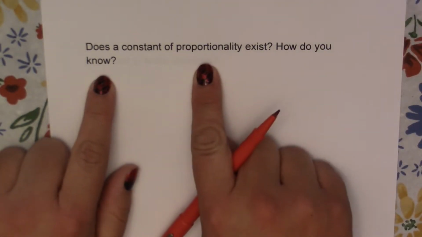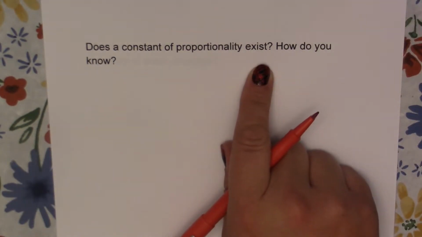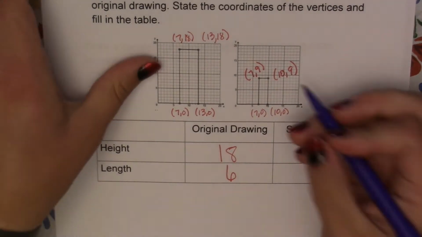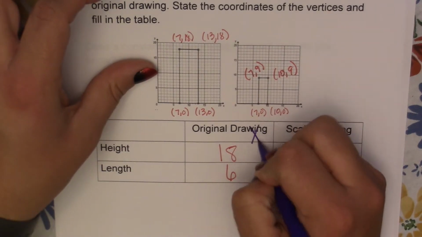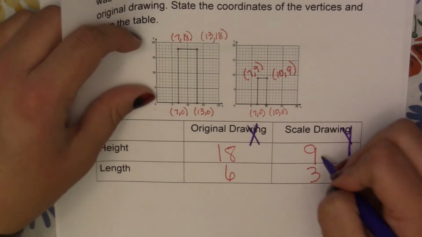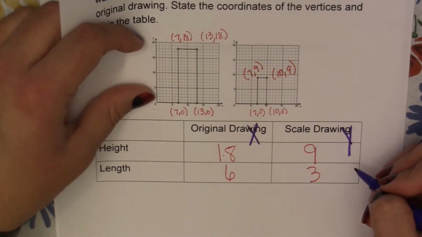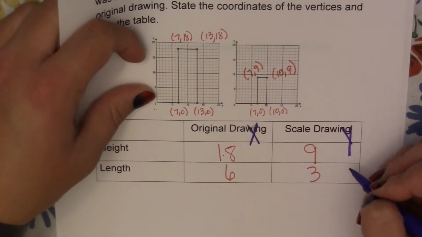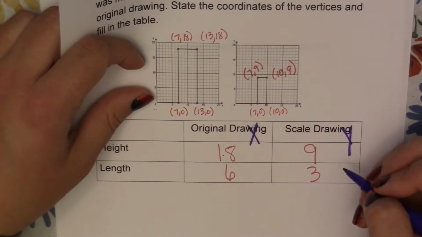Does a constant of proportionality exist, and how do you know? So if we go back to our table, let's think about what we learned about constant of proportionality. This is where we're starting, so here's our x, and here's where we're ending, so here's our y. So we're going to divide our y by x. Let's see if we get the same number.